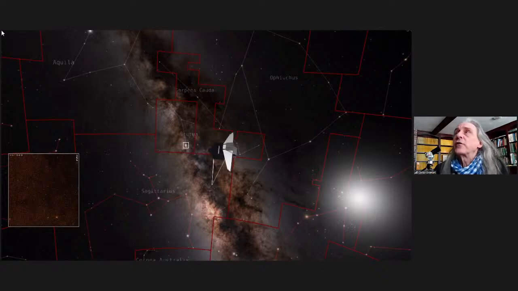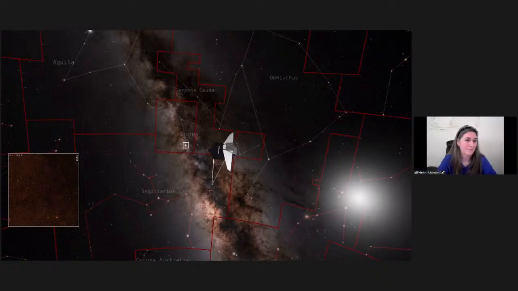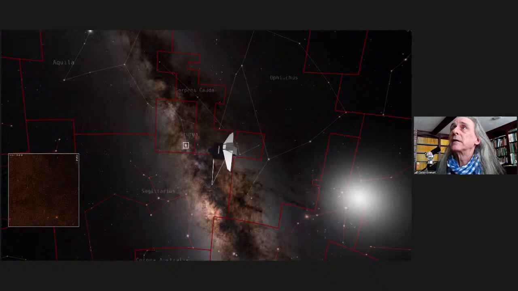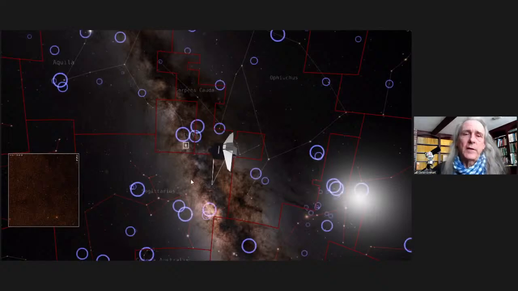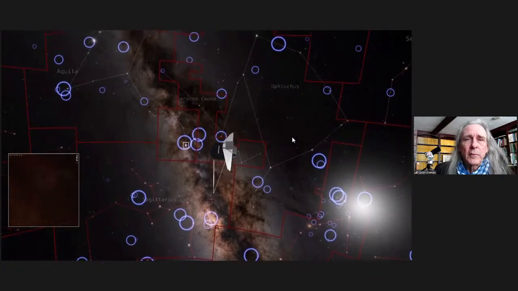But let's just look for a second. I'll bring up for us here the exoplanets, a map of where we see where they are. And what I've done is right here, we see blue circles.